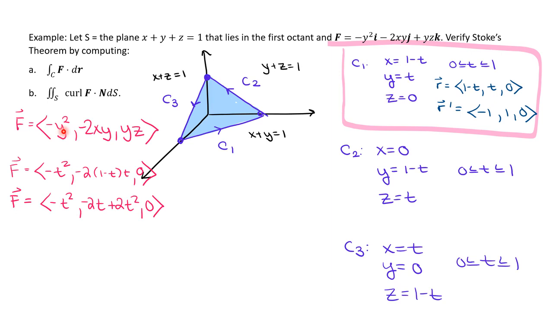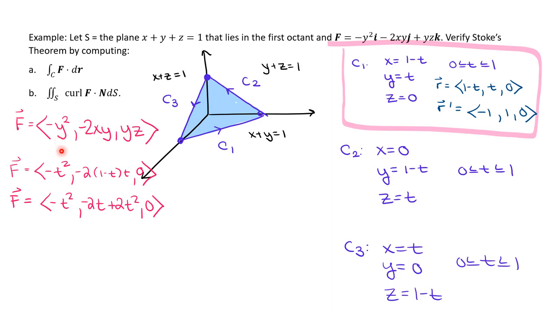All right, and so my vector field, the vector field given, was this: negative y squared, negative 2xy, yz. And so I'm going to take that vector field and rewrite it in terms of t. I use my parametric equations, x equals 1 minus t, y equals t, z equals 0, again just dealing with C1 right now, and I just plugged that into my vector field.